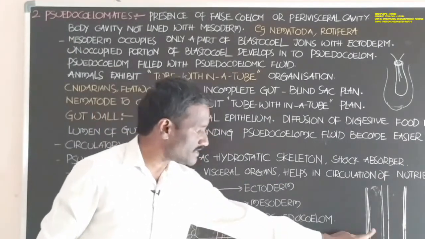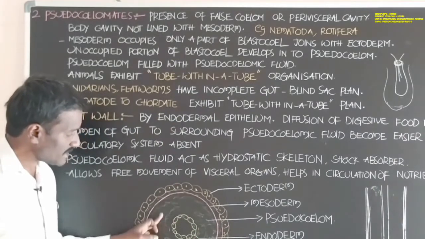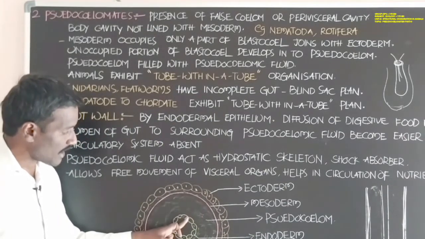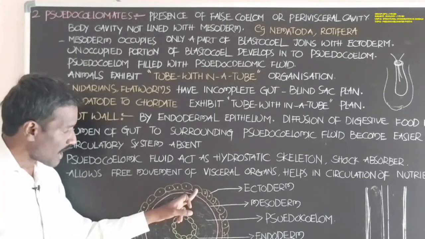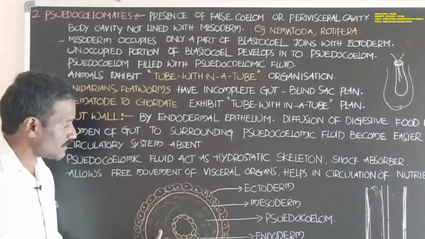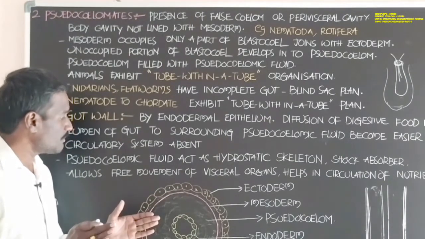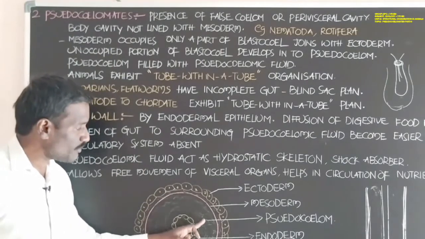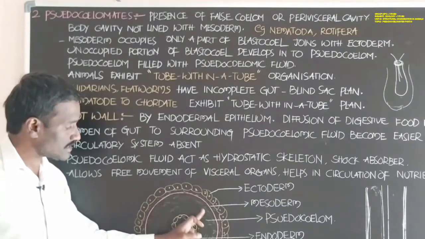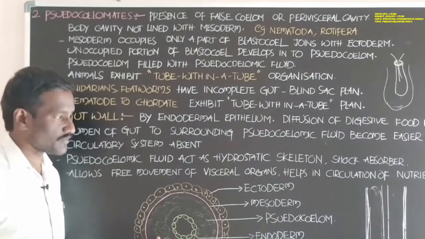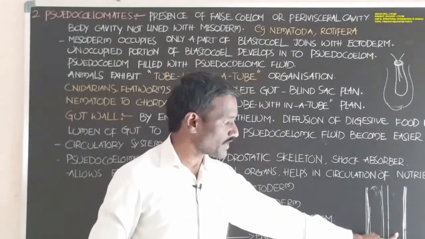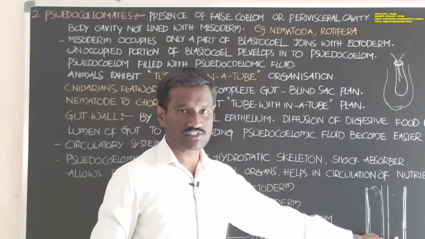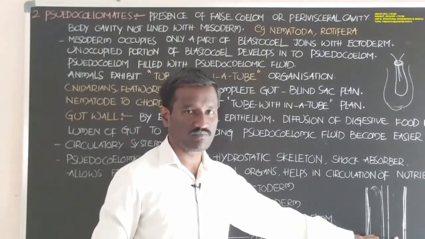Student, this is the space between the body wall and the food tube, the body wall and the visceral organs. It also allows the free movement of any organs present in these regions. These regions hold any amount of organs, visceral organs or body parts.